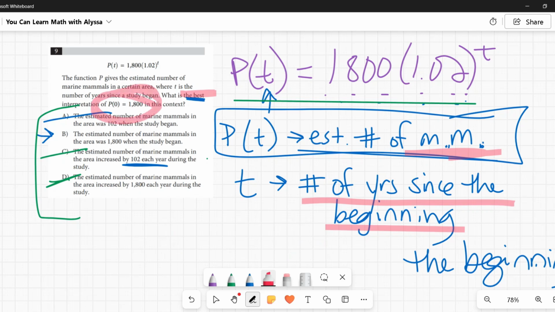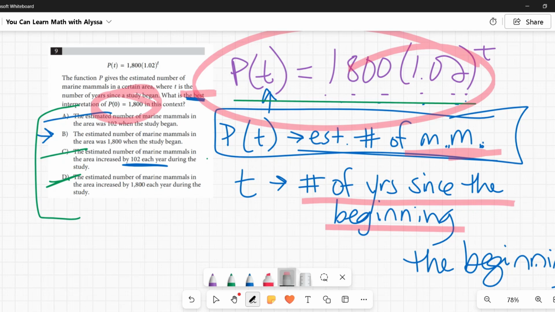In this case, it was asking what P of 0 equals 1800 means, not what are some true statements about this equation. That's where they'll get you. So be careful on those when it says best, because you could have two options. But this one, they were kind of nice. It's rare. It happens. B is the only one that is absolutely true, and it is our answer.